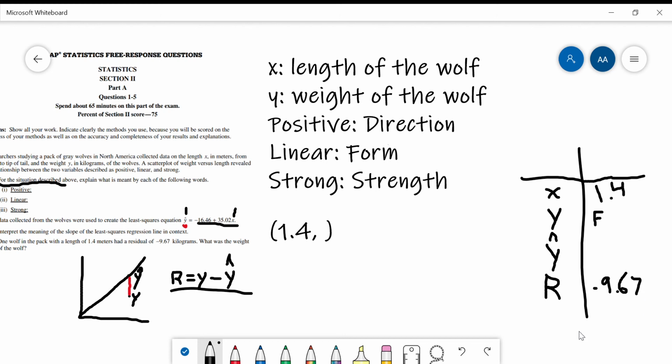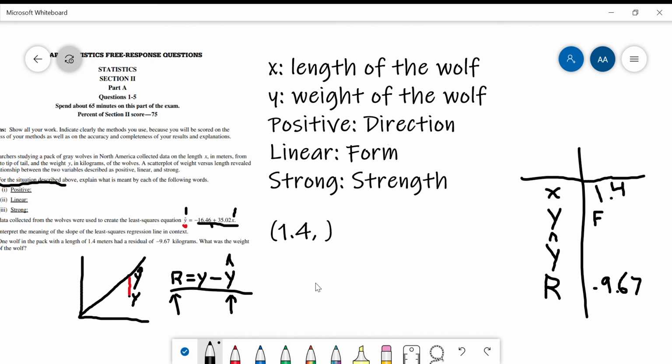Now that we have that, first things first, since we know what this is, we can find this. We should be able to find the actual value of y. Now, we need to find y predicted first. So to find that, what we could do is plug it into this equation right here.